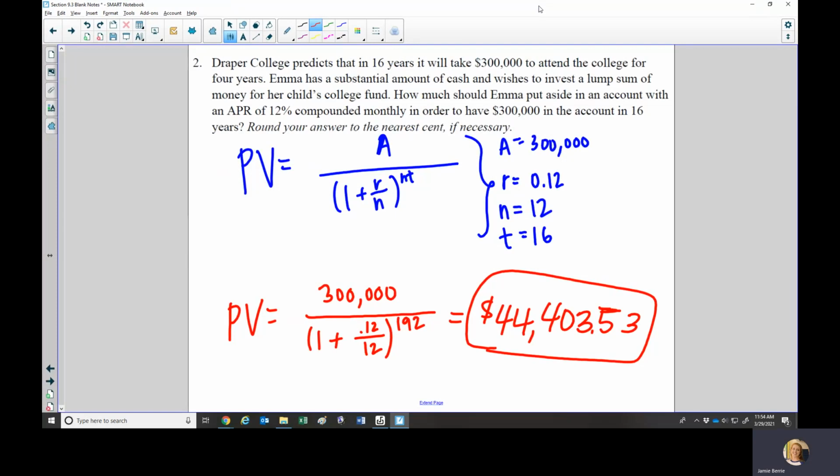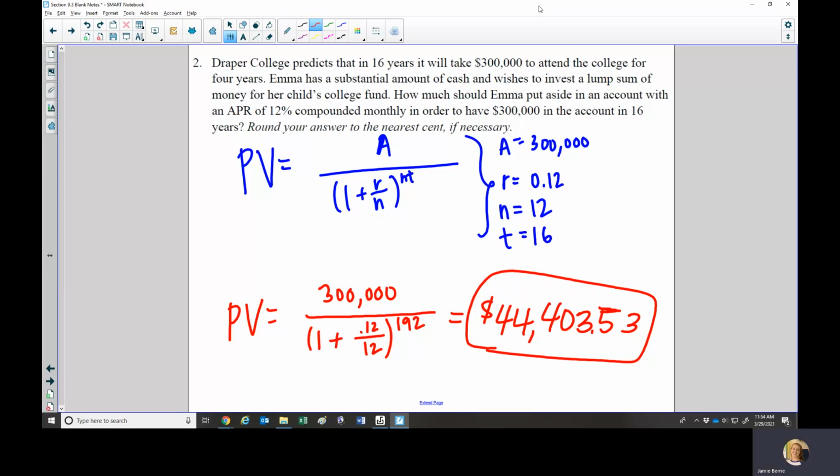So I know this may seem unrealistic to you, but you can imagine this might be like maybe you receive some kind of inheritance money. You could invest it. And then 16 years later, instead of having $44,000, you have $300,000.